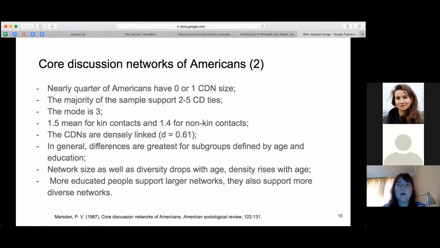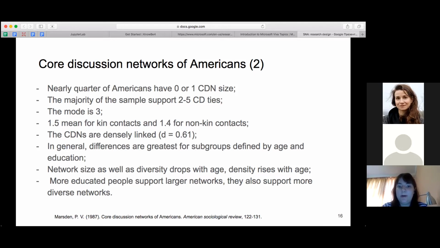Yes, and it is interesting that in terms of this research, we can make conclusions about the structure of personal networks, about these core discussion networks, on the whole population. And here are some interesting results.